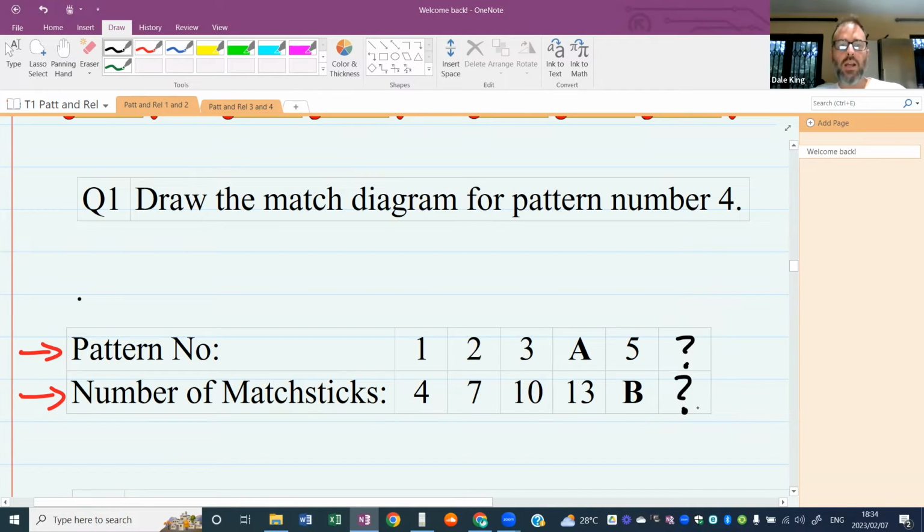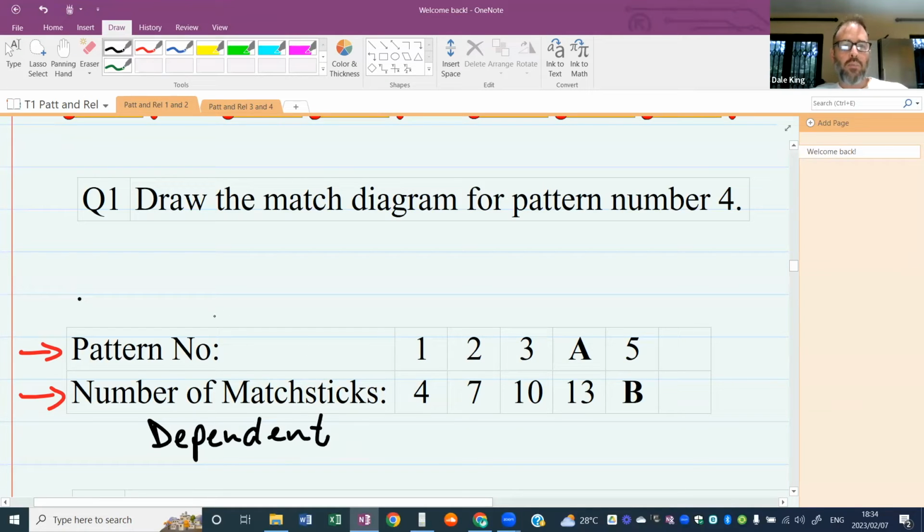I can only work out the matchsticks if you give me the pattern number. So the number of matchsticks depends on the pattern number, which means it's the dependent. You can't get the number of matchsticks without knowing the pattern number.